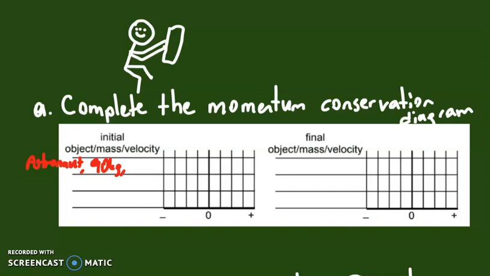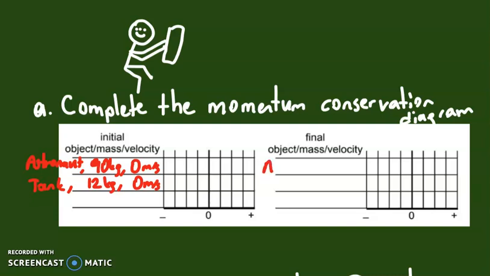We are going to assume that both tank and astronaut have a velocity of 0. The second object is tank, and the tank has a mass of 12 kilogram, and the velocity of it is 0.